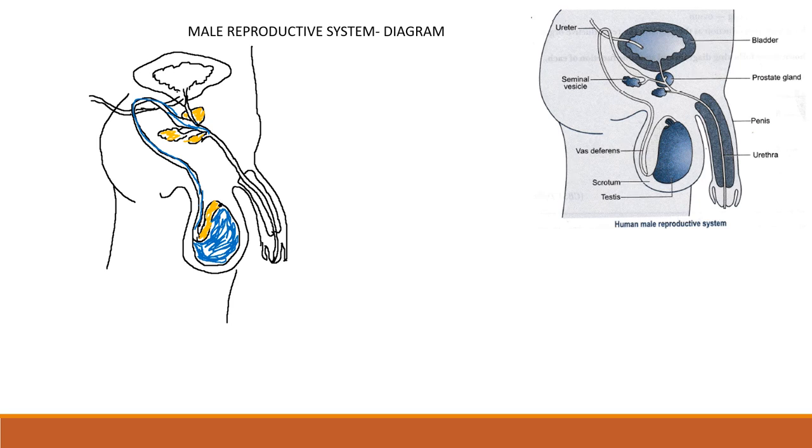If you see here, from the urinary bladder, urethra is coming, and at this junction the urethra and the vas deferens meet, and urethra continues down. And as I've already told you, it's a common opening for sperm and for semen, right?